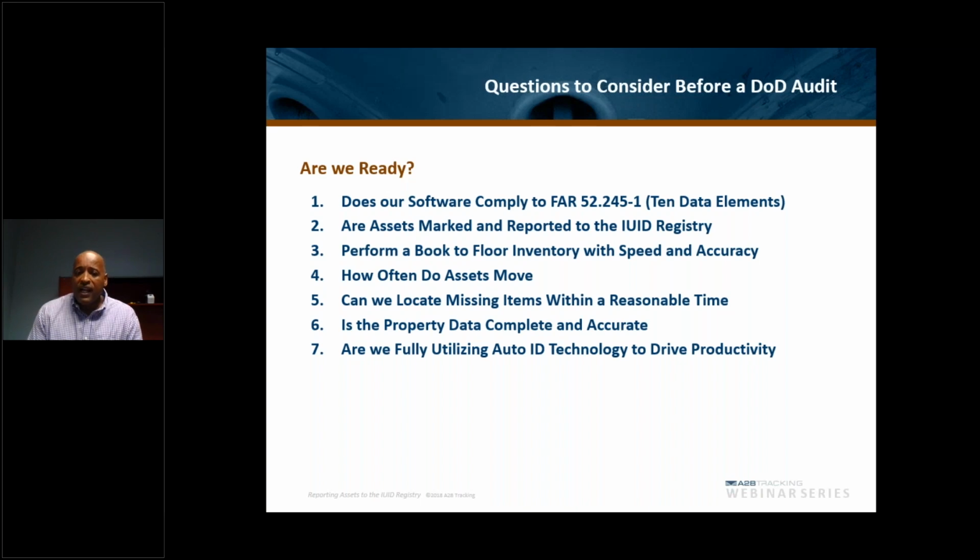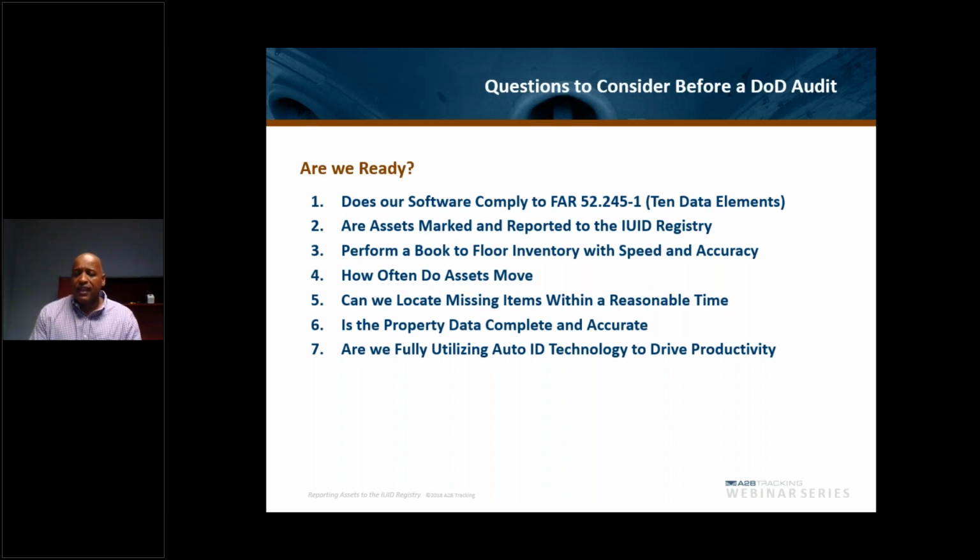So going down the line, you really need to take a look at this particular slide, and again, you will have access to it. Based on what I just laid out in regards to the 10 data elements, which lines up to this slide: are our assets marked and are they in the registry? Can I perform a book-to-floor inventory with speed and accuracy?